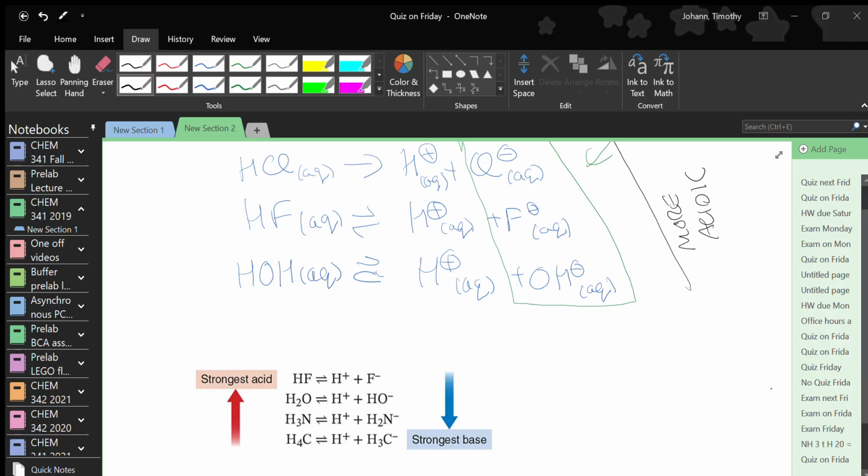Yes? Why is it written as H3N instead of NH3? Yeah, these are acting as acids. If it gives up a proton, it's going to have to become negative, and H plus comes off. Well, I was asking why is it written as H4C instead of CH4?